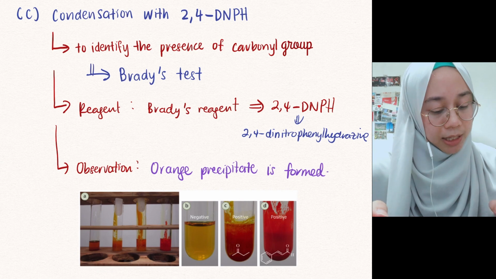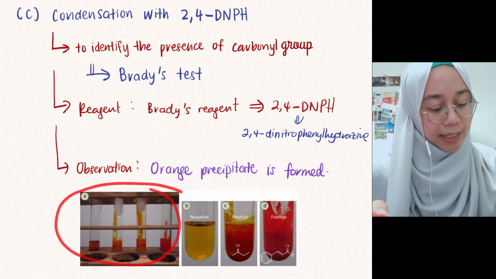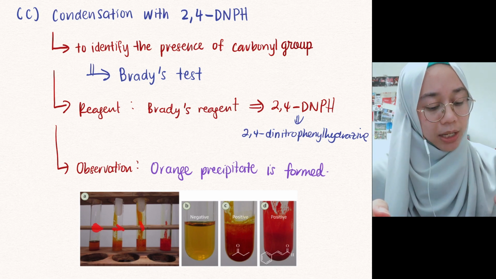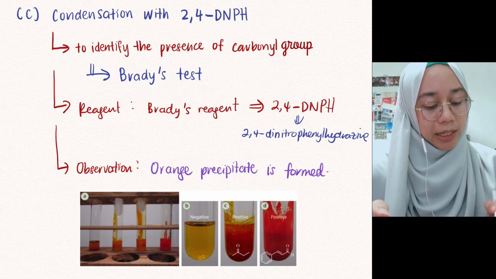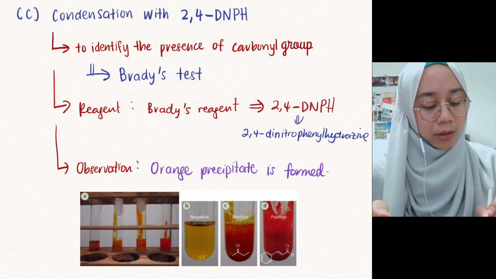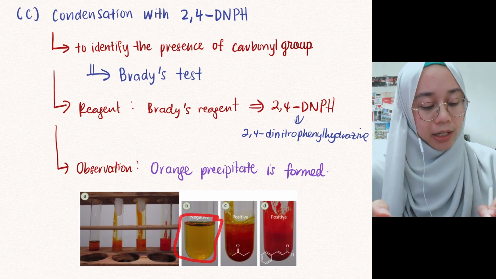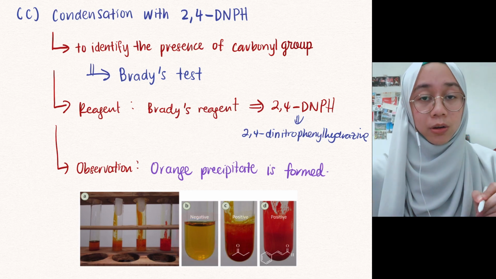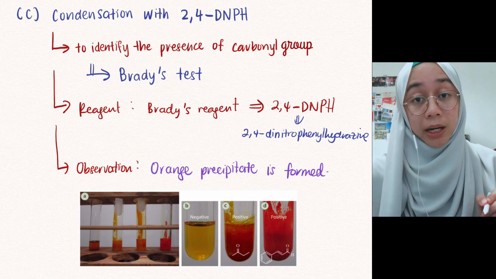Dekat sebelah kiri ni yang gambar A ni, dia nak tunjuk semualah compound yang ditest. Ada compound 1, compound 2, compound 3, compound 4. Jadi daripada sini dia ambil 3 contoh whereby kalau tak ada langsung precipitate, dekat sini clear solution je kan, therefore there is no carbonyl group dalam tu.